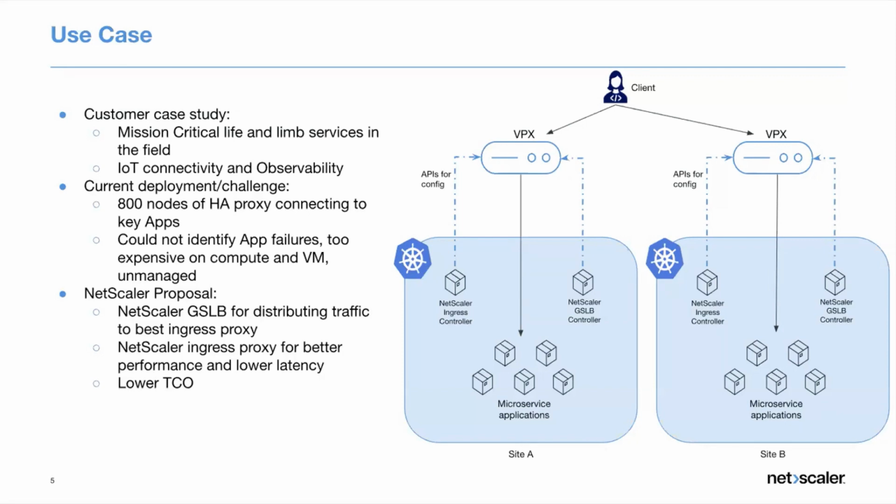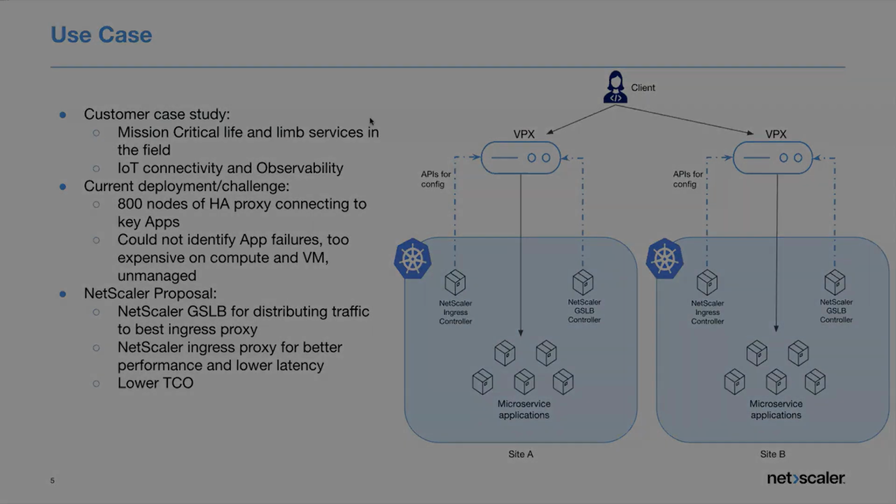And as you can see in the proposals, we have provided a GSLB, and as I was mentioning from the topology, the VPX, the appliance which is doing the GSLB and ingress proxy, the same job, helps to lower the TCO. So now, having this topology in mind, let's go and see how we can control and configure the GSLB from the live demo. Dheeraj, over to you.